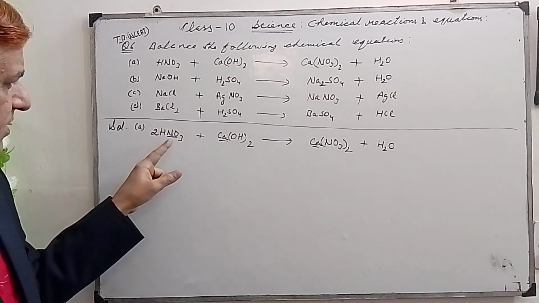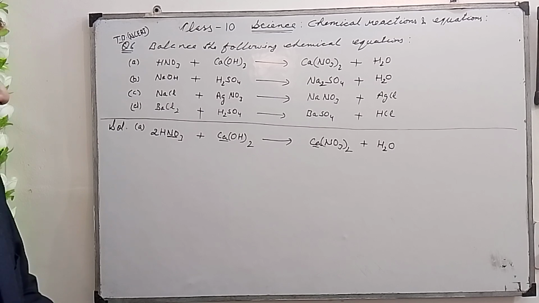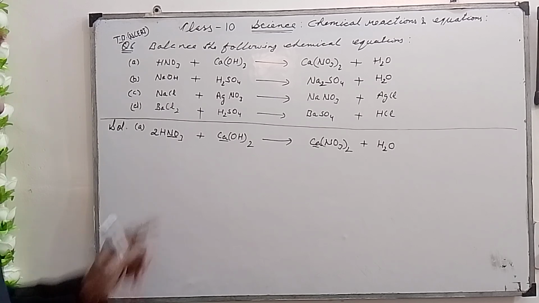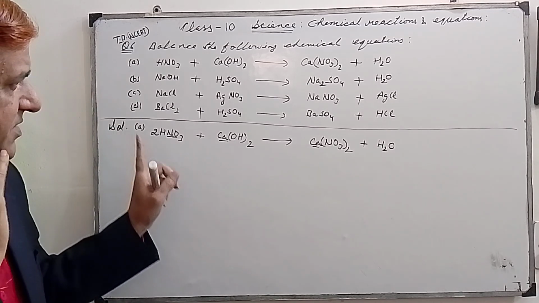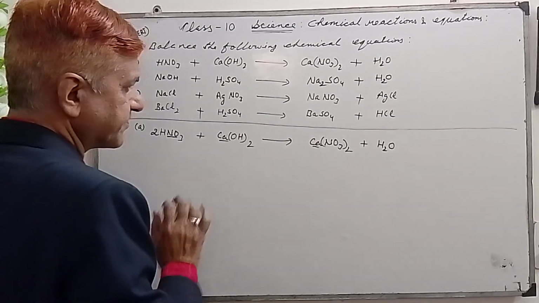So we have to multiply this by 2. Now nitrate is also balanced.